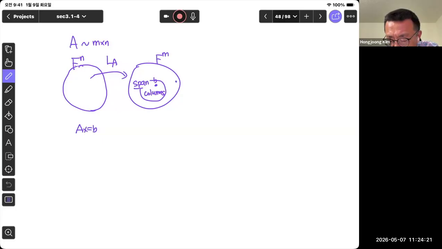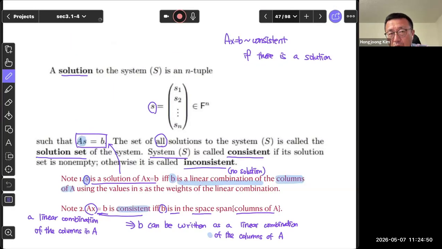But if b is outside of that space, then for any x, the corresponding linear combination of the columns of the A matrix cannot generate the vector b. So when I say Ax equals b is consistent, that means b is in the space generated by the columns of the A matrix.